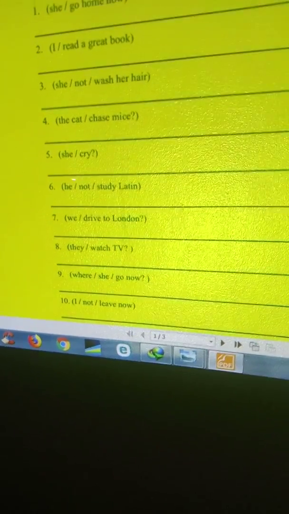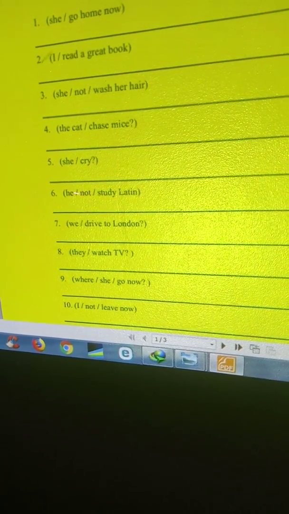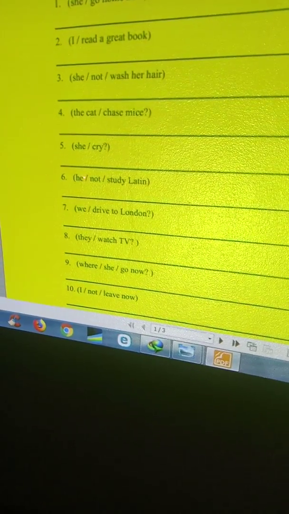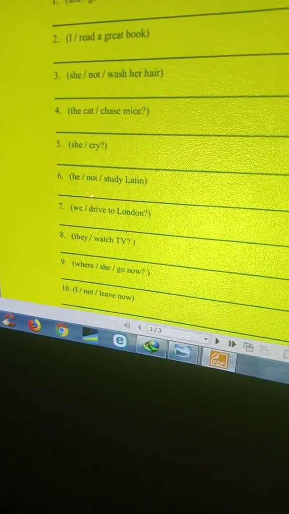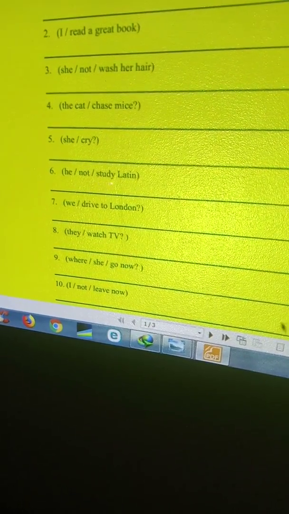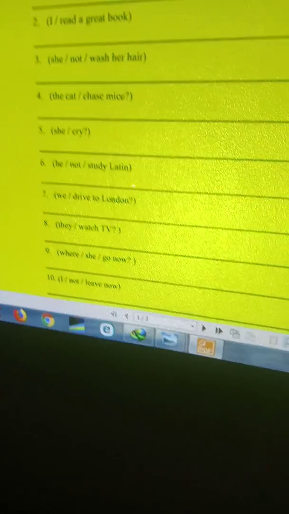Is she crying? Now, "He not study Latin." So this is in the negative also. So what are we going to say? "He is," verb to be, "He is not studying," the verb plus ing. So he is not studying Latin.